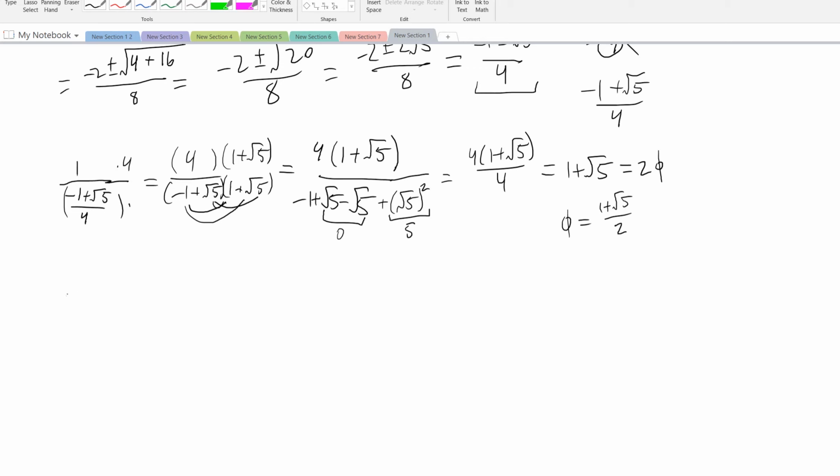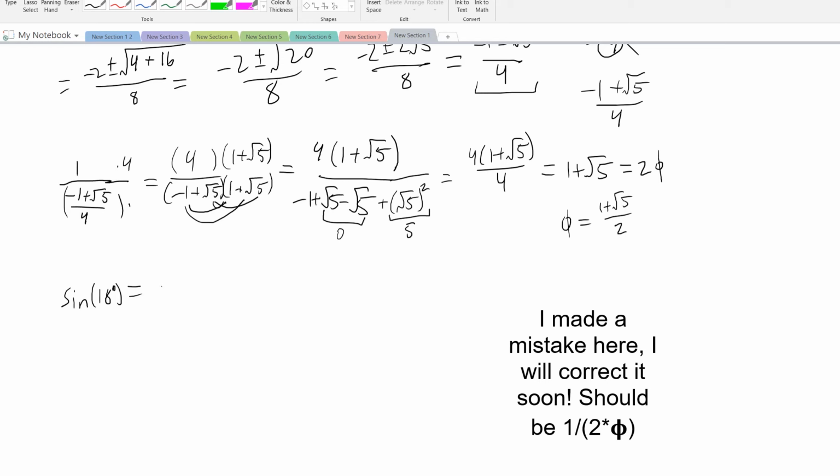Now, we found what sine of 18 degrees is. It's 2 times the golden ratio. Now, we haven't figured out what we wanted to figure out: cosine of 72 degrees. But that's the same as the cosine of 90 degrees minus 18 degrees, which is the same as the sine of 18 degrees. So we have found cosine of 72 degrees.